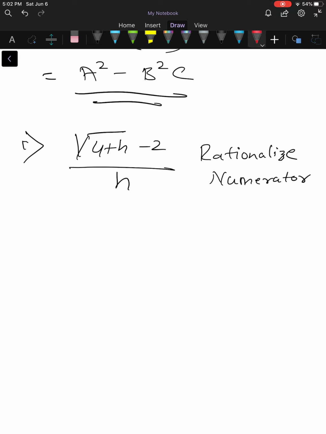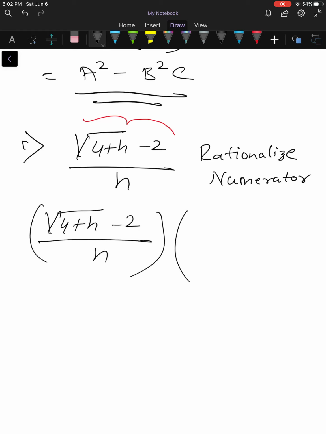Rationalize the numerator. So what is the conjugate of this expression of the numerator, the conjugate radical? That would be square root of 4 plus h minus 2 divided by h times square root of 4 plus h.